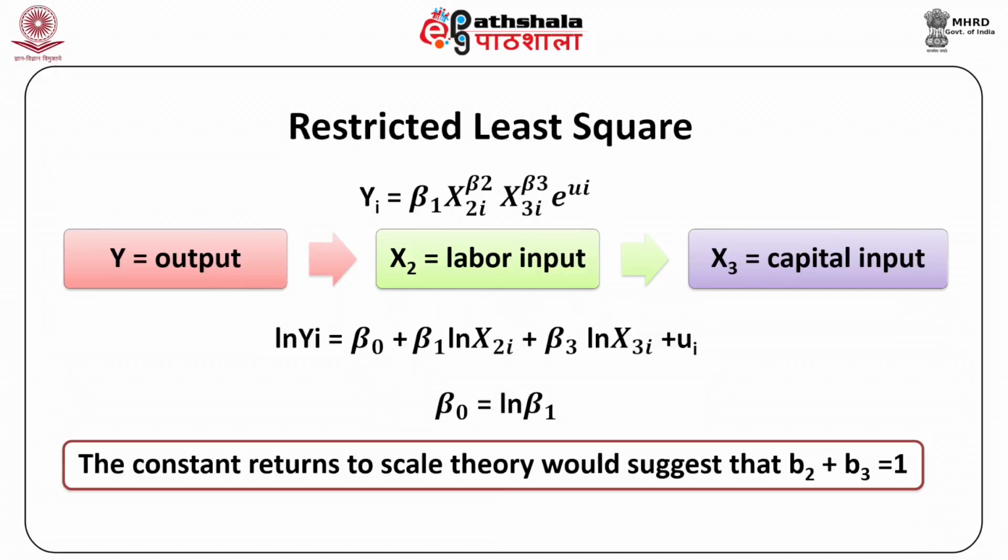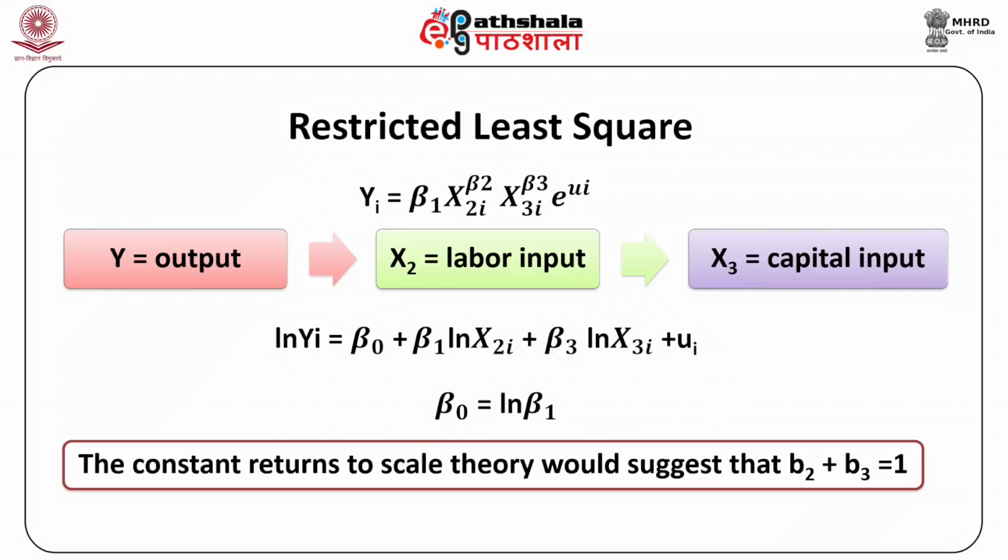We can write the above equation as ln yi equal to beta 0 plus beta 2 ln x2i plus beta 3 ln x3i plus mu i. Here beta 0 is equal to ln beta 1. The constant returns to scale theory would suggest that beta 2 plus beta 3 is equal to 1. This poses a linear equality restriction.